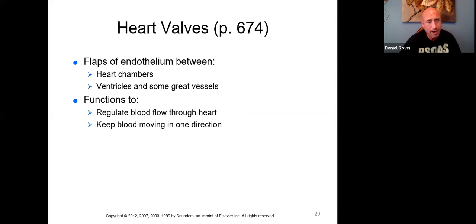But because the valves are relatively avascular, you can use a donor valve. In fact, it doesn't even have to be from a human. And it's a lot cheaper to harvest valves from a heart of a cow or a pig than it is a human. So many people that have heart valve replacements, based upon their body size, may choose to have the bovine or the porcine valve.